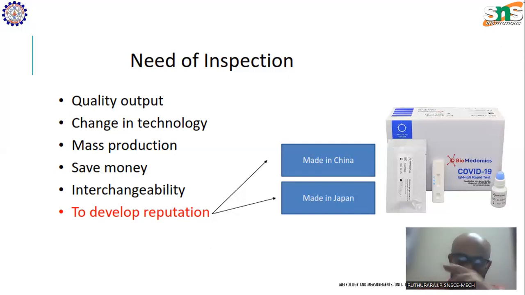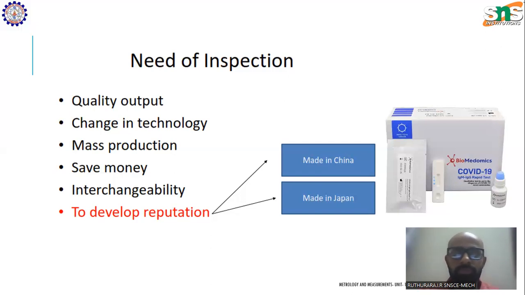For example, a ready-made shirt or pant will cost less. If you go for stitching, it will cost more because it is crafted according to your individual taste. Like that, any component produced on a large scale automatically tends to cost less. That is the fourth point, saving money. Once the component is mass produced, a considerable amount of cost can be reduced.